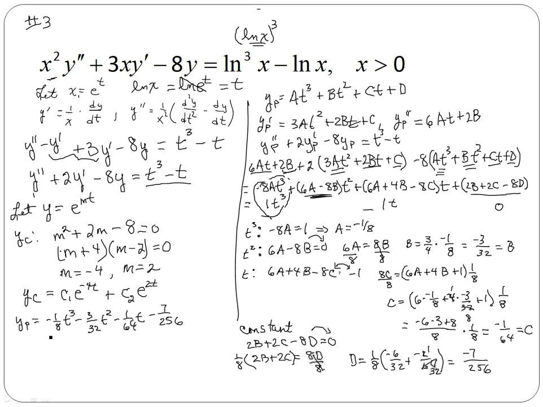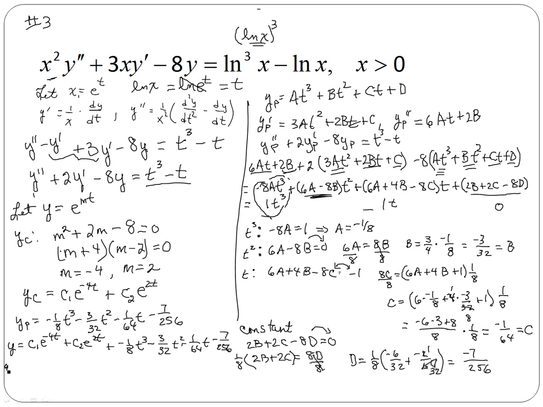And then my general solution is going to be my complementary solution plus my particular solution, c1 e to the negative 4t plus c2 e to the 2t plus, actually, minus 1/8 t to the third minus 3 over 32 t squared minus 1 over 64 t minus 7 over 256. And notice this is my solution in terms of t.